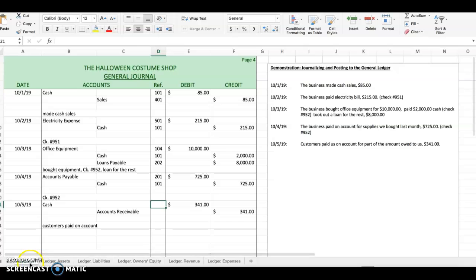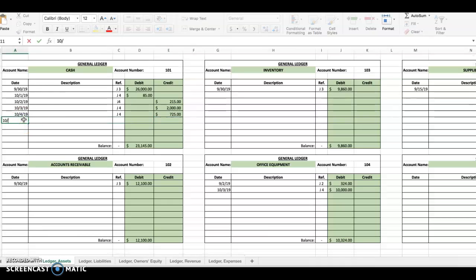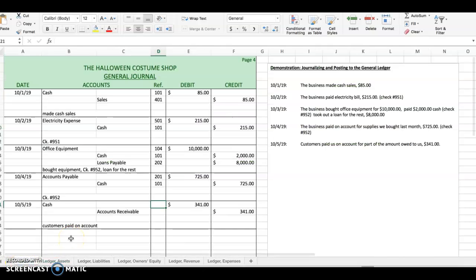So cash is debited by 341. We receive money, so it has to be debited. And the 101. So you can see, once you have the journal right, the posting is pretty repetitious, pretty simple to do, actually.